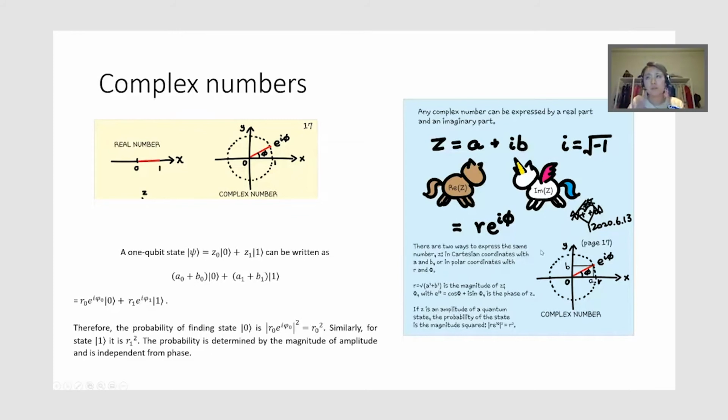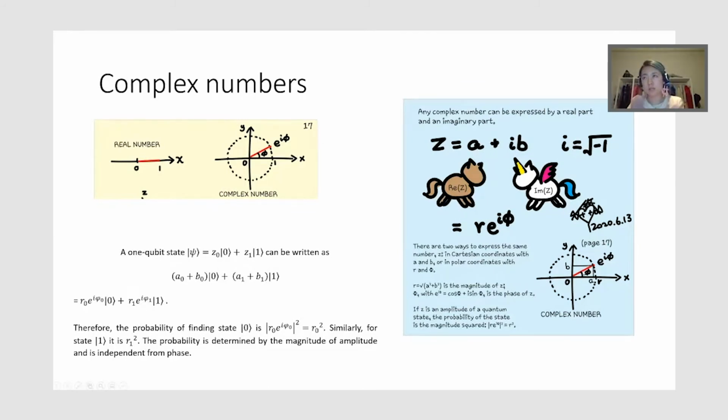I show in this new page here that you can actually express your complex number in two ways. One is with Cartesian coordinates, x and y, with these a and b. The real number is on your x-axis and the imaginary number is on your vertical axis.